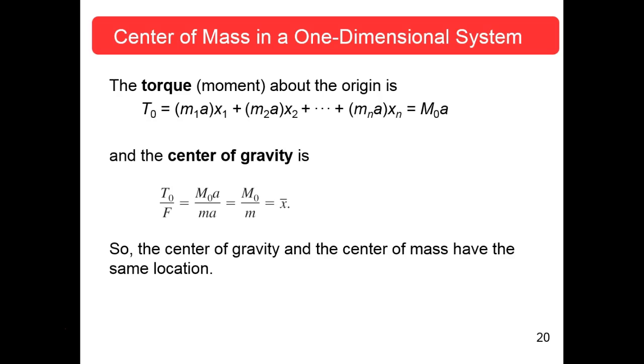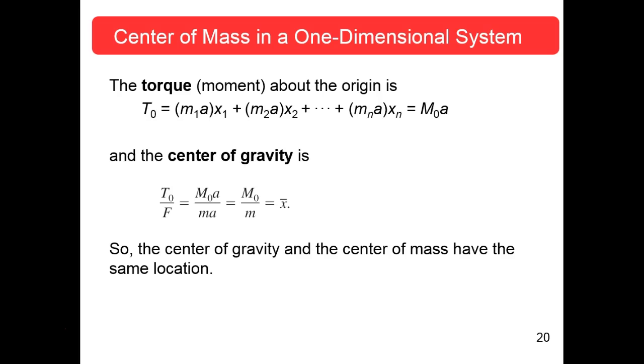This is your system moment times acceleration over your total mass times acceleration, which, guess what? Does that look sort of familiar? Same way we defined it before. So the ratio of torque to force also gives you your center of mass. Called the center of gravity, but it's exactly the same measure. So the center of gravity and the center of mass have the same location.